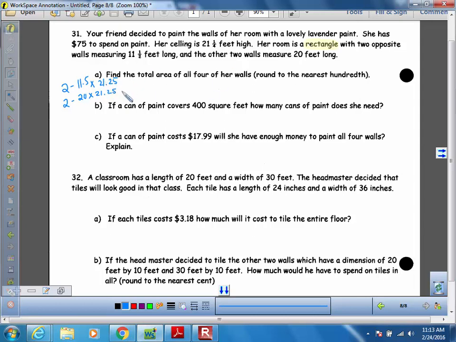So the way you would do that is, remember, area is going to be base times the height, so we would do the base times the height, but we'd multiply it by 2 since there's 2 walls. So we would do 2 times 11.5 times 21.25.